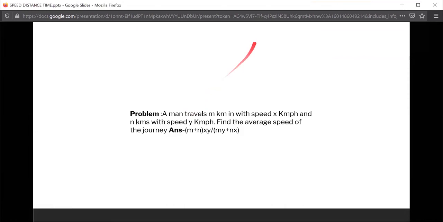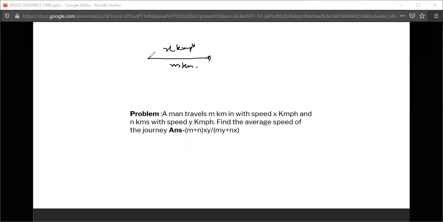Well, a man travels m kilometers at speed x kilometers per hour and n kilometers with speed y kmph. Find the average speed. Okay, so this m kilometers with speed x kmph, and this n kilometers with speed y kmph. So the average speed will be the total distance, that is m plus n, by total time. And time will be distance by speed.